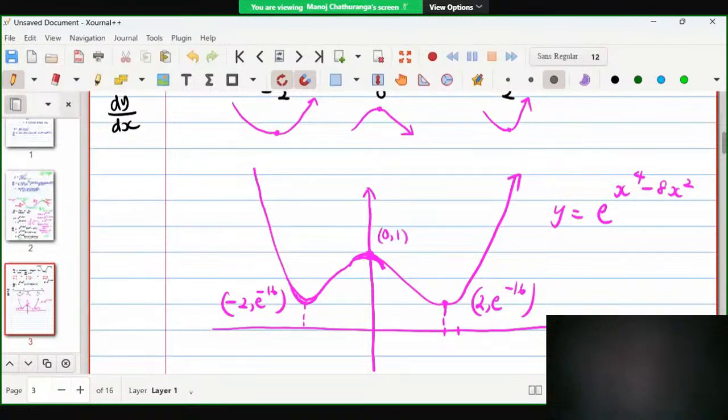So derivatives are really helpful to understand complicated functions. Not only this function, now that we have the derivative of trigonometric functions, we can plot them and study them using derivatives. We can do the same thing for log functions. As soon as we know the derivative, we can deduce a lot of things about the function.